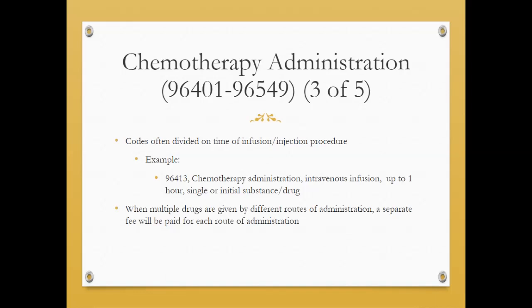When multiple drugs are given by different routes of administration, a separate fee will be paid for each route of administration. Some codes include several hours of treatment time, and others specify each hour of treatment time. Unit billing or multiple coding may be necessary to accurately reflect the services that are provided.